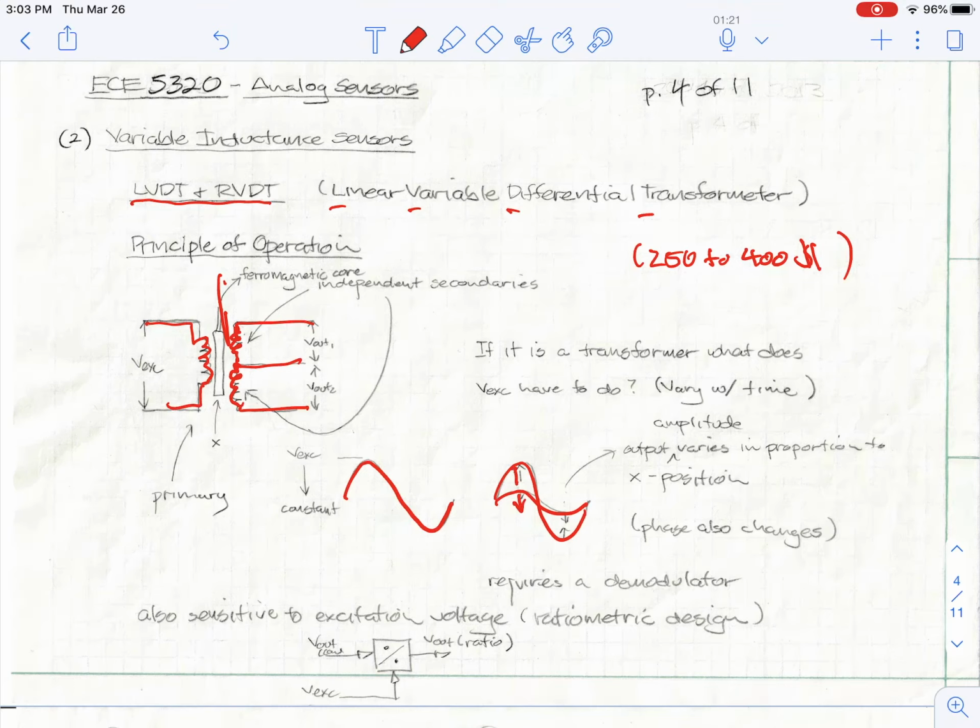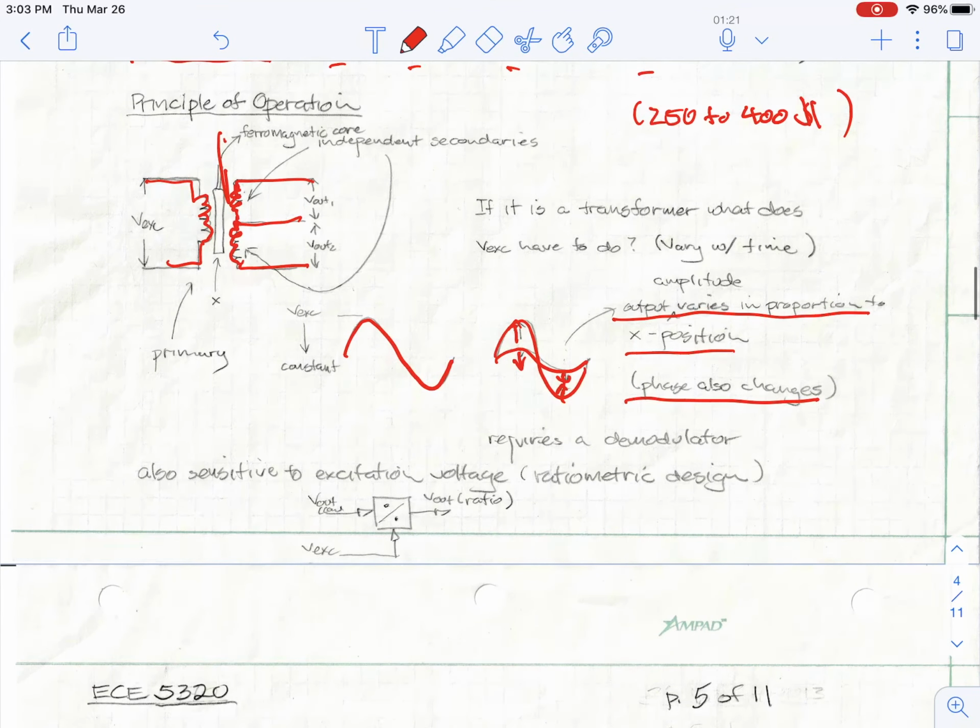So the amplitude will go up or down depending on where the core is, and the phase also changes, but I'm going to get an output that varies in proportion to the X position. You'll notice this is also likely sensitive to excitation voltage. It is, and so what I can do is take the output voltage that's produced and divide it by the excitation voltage to get a constant ratio.